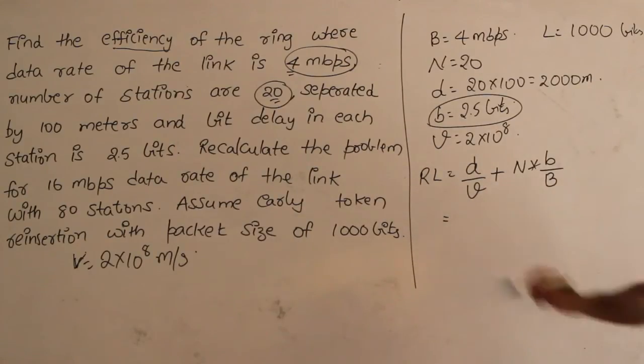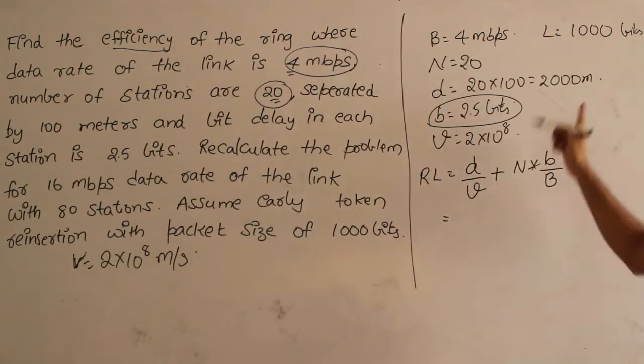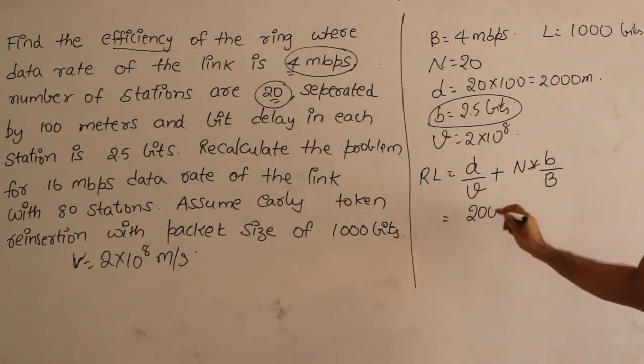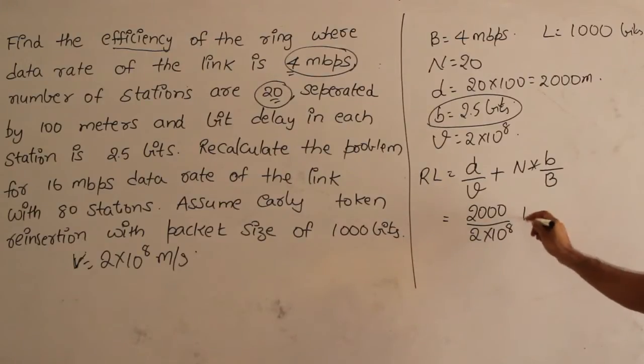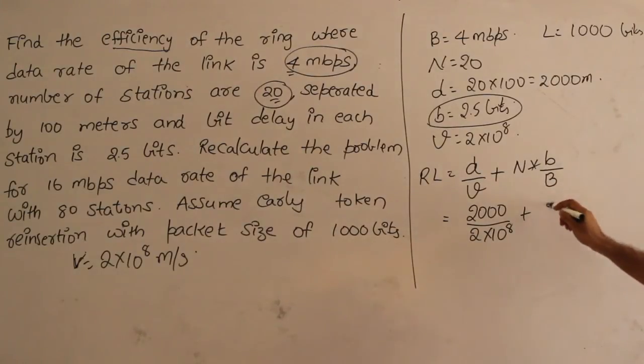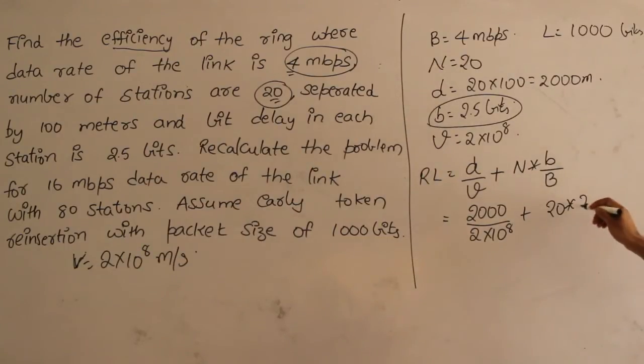Now what is D by V? The total distance of the wire here is 2000 meters. 2000 divided by 2 into 10 power 8, plus what is n? 20 stations is given, and the bit delay at each station is 2.5.